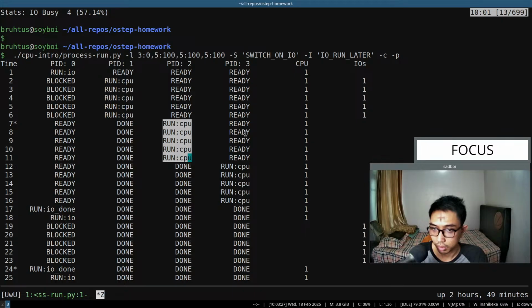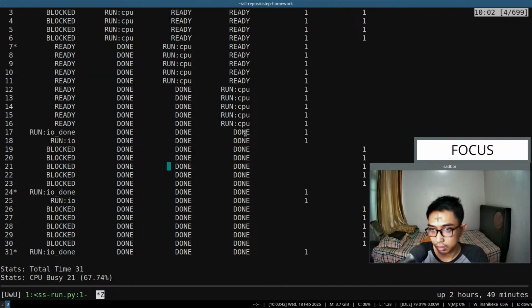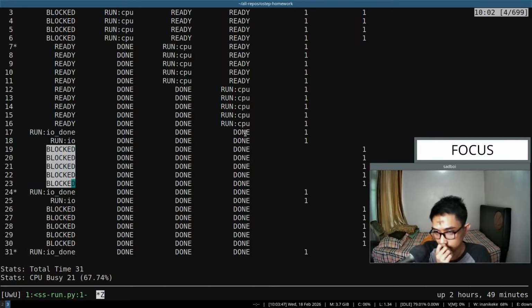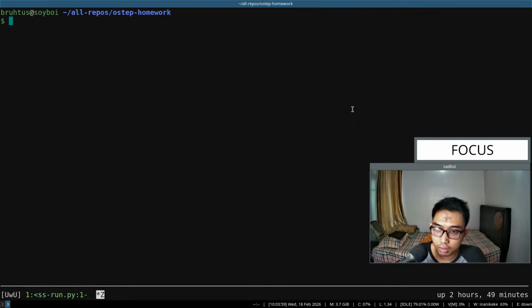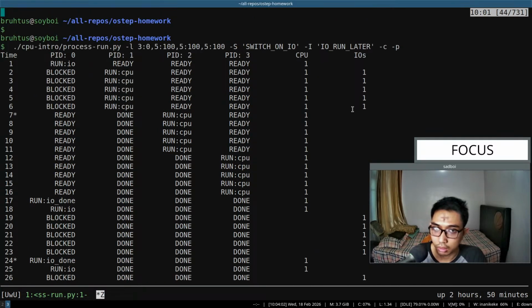Okay, running the CPU. And running the CPU again. And then we are going back to here. I don't think this is effective. I mean, again, right?